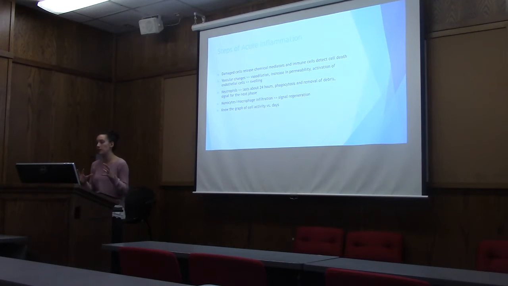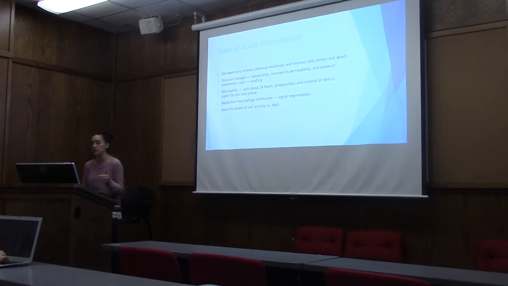So things are going to get bigger, more fluid's going to come in, and the injured area is going to swell. And then will be the infiltration of neutrophils, and that lasts about 24 hours. They're responsible for the removal of debris, and they signal for the next phase, which is macrophage and monocyte infiltration. And that signals regeneration, which is the M2.